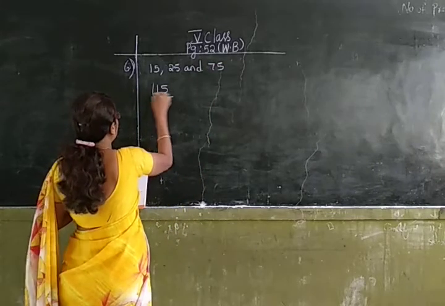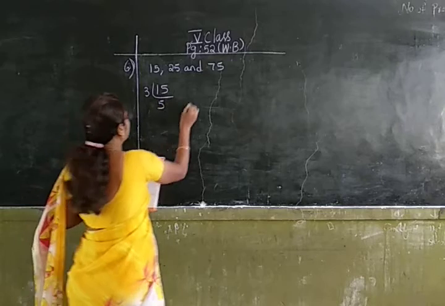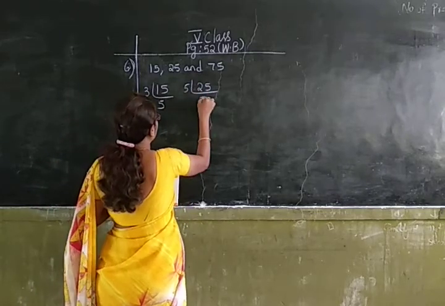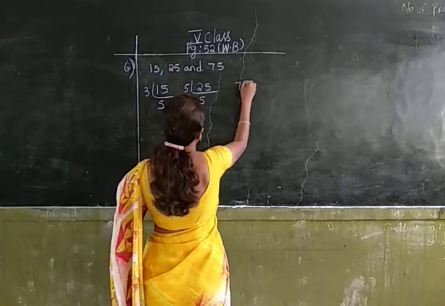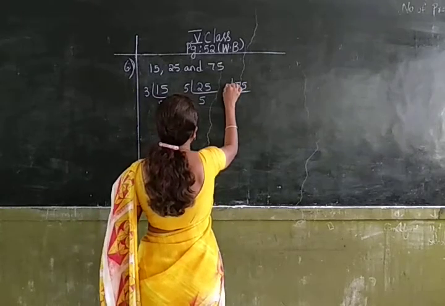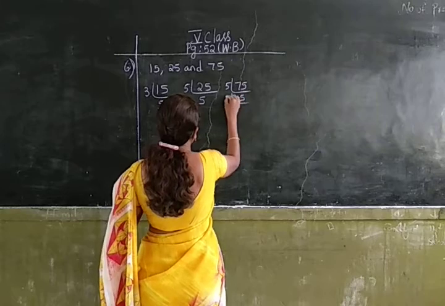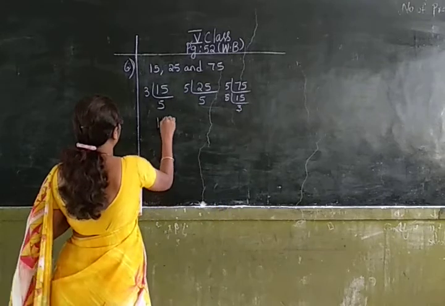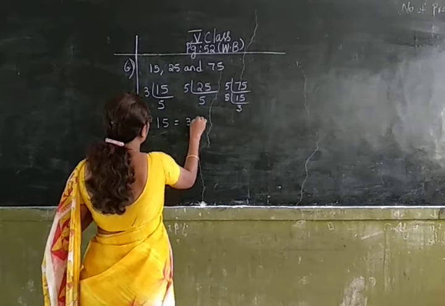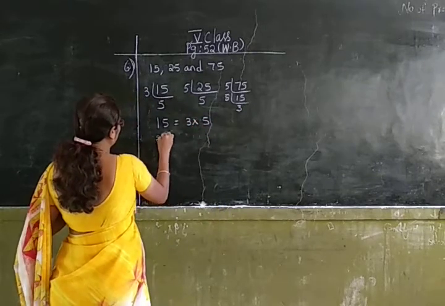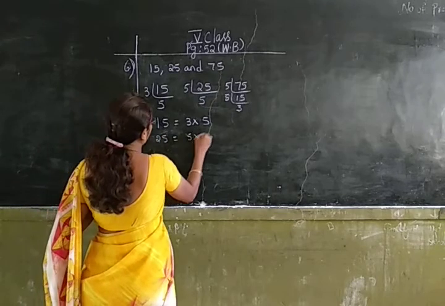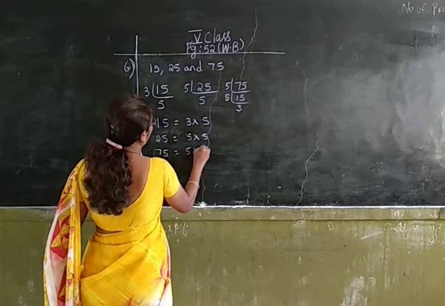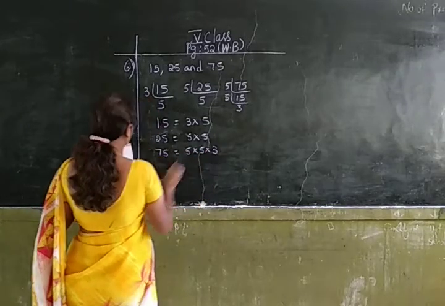Let us prime factorize 15. 3 5's are 15. 25, 5 5's are 25. 75, 5 15's are 75. 15 is equal to 3 into 5. 25 is equal to 5 into 5. 75 is equal to 5 into 5 into 3.